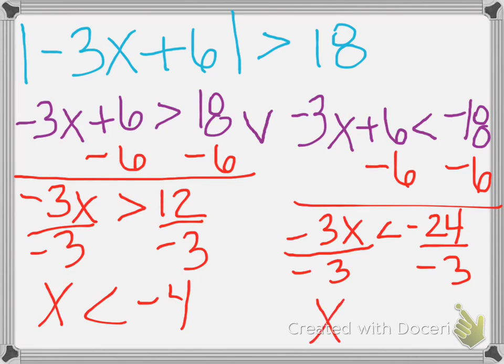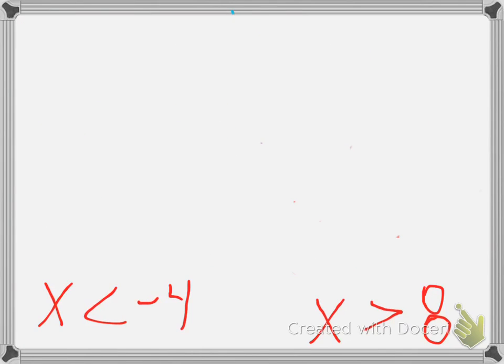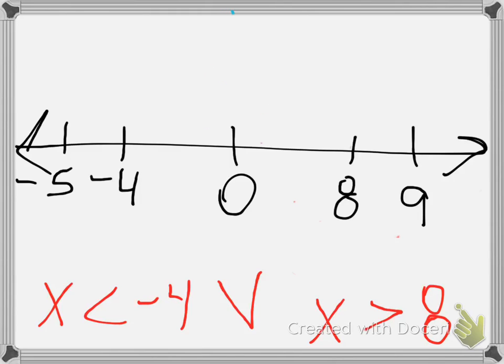And remember, dividing by a negative means the inequality turns this way. Negative 24 divided by negative 3 is 8. There we go. So you should have now x is greater than 8. And don't forget that we are still using this symbol because this was a disjunction, an or statement, based on our original inequality being a greater than symbol.